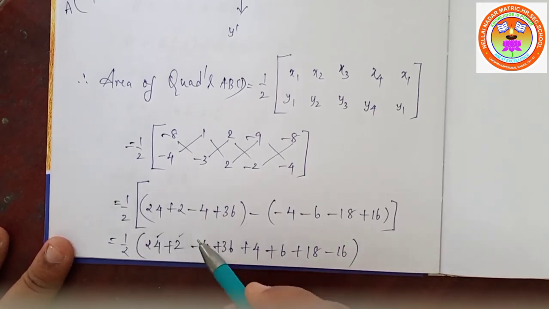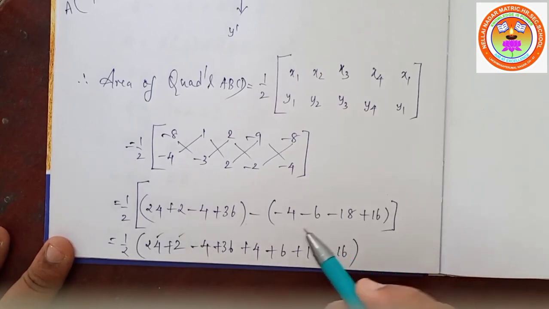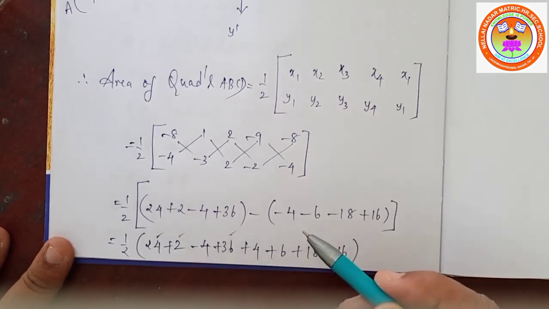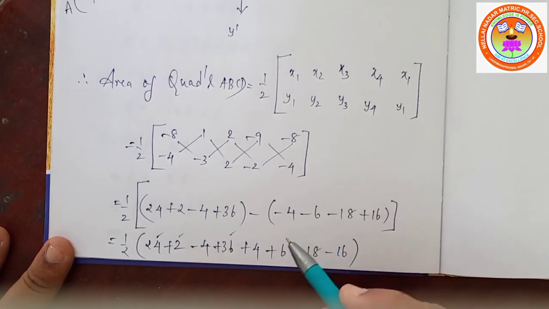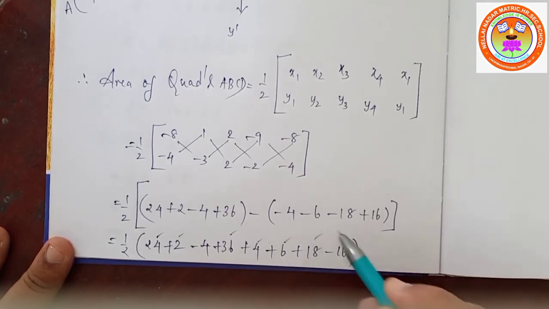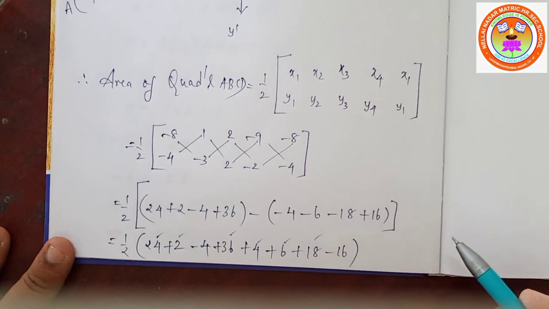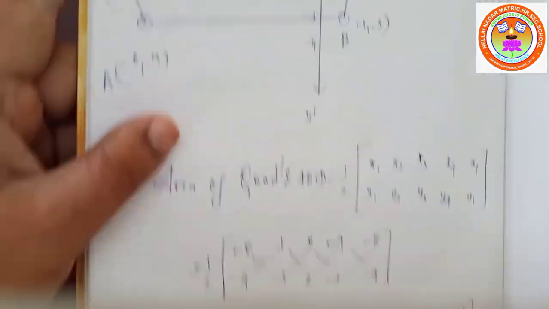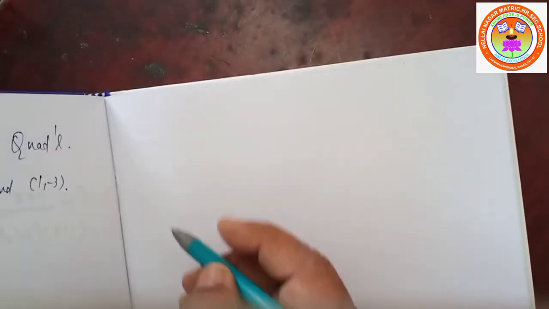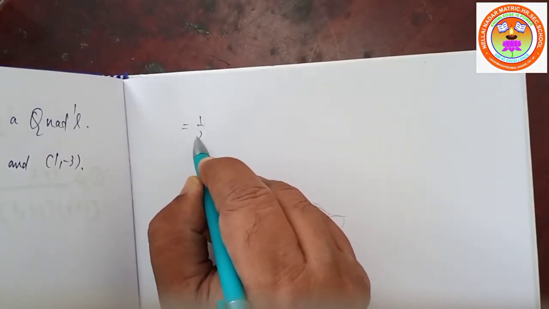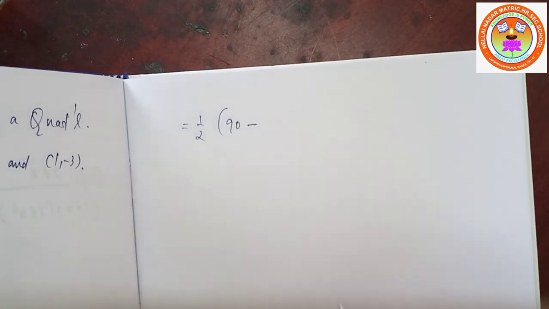24 plus 2, 26. 26 plus 36, 62. 62 plus 4, 66, plus 6, 72. 72 plus 18, that is equal to 90. Half into 90 minus.